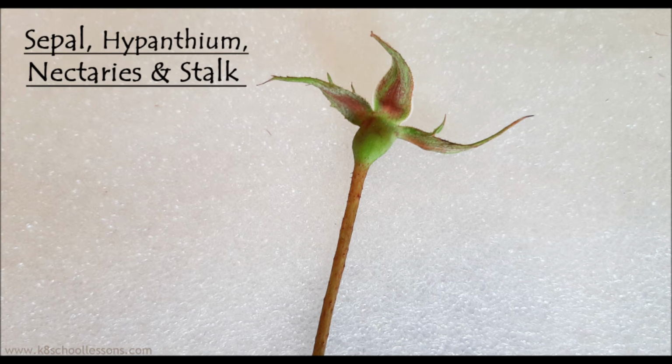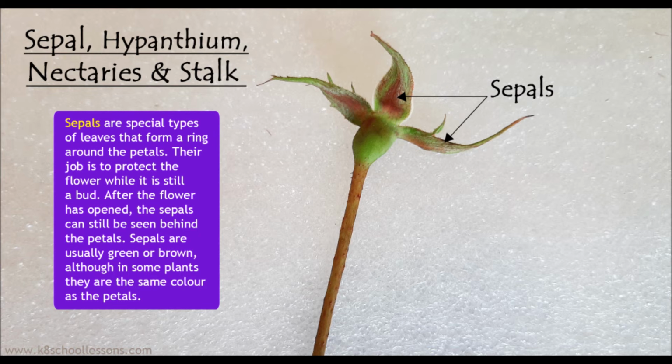Sepals, hypanthium, nectaries, and stalk. Sepals. Sepals are special types of leaves that form a ring around the petals. Their job is to protect the flower while it's still a bud. After the flower has opened, the sepals can still be seen behind the petals.